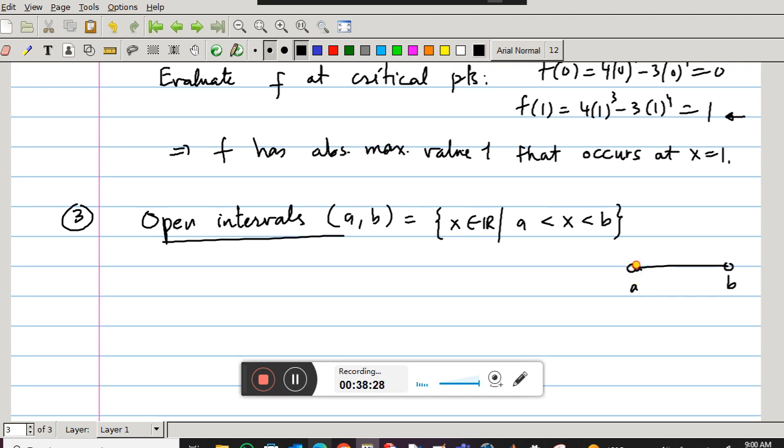We only have the values strictly inside, that's it. If a and b are not included, I cannot evaluate my function at a and b, right? Because a and b are not included in my domain. So it means we cannot evaluate f at a and b.